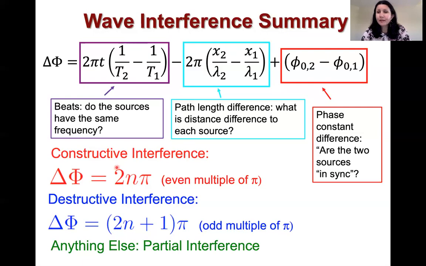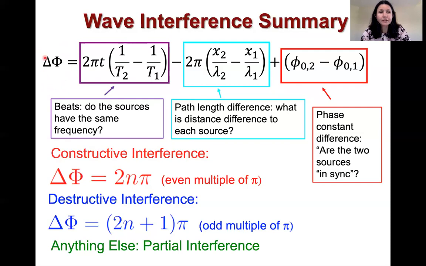So how do we figure out how these waves interfere and what properties that interference exhibits is what we saw. What's important is the phase difference between the two sources.